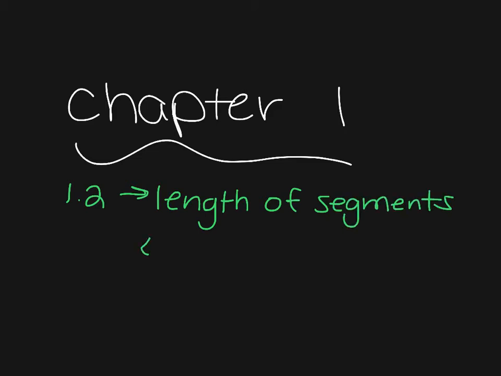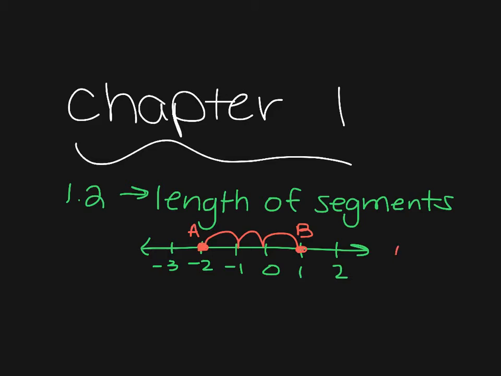So if I gave you a number line and I numbered it like -3, -2, -1, 0, 1, and 2, and I put a point A here and a point B here, and I just asked you to find the length of AB. So you can either do B minus A, or you can count from one to the other, and I would get AB is 3. Again, I could have done the actual point of B, which is 1, minus A, which is -2, and I would have gotten the same thing.